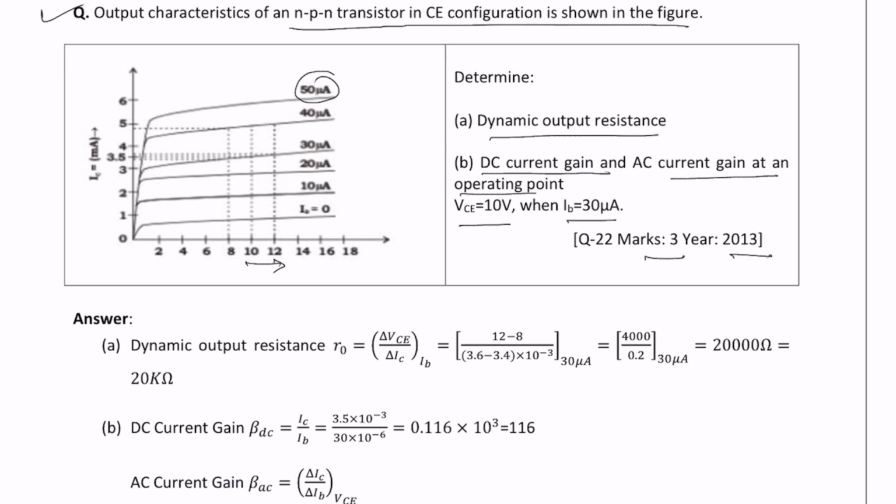So now we have certain parameters of a transistor. See, the dynamic output resistance is given by the change in collector emitter voltage divided by the change in collector current. Here it is given that 12 minus 8 volt is the change in collector emitter voltage in this region.